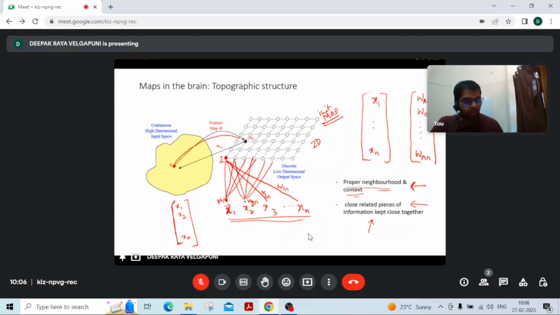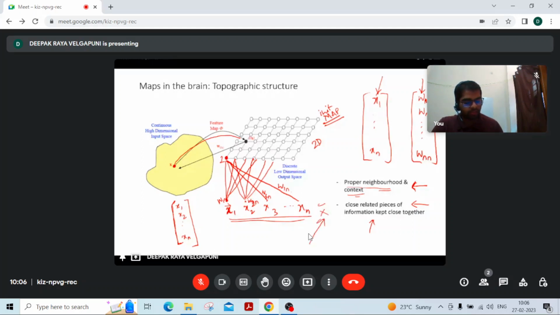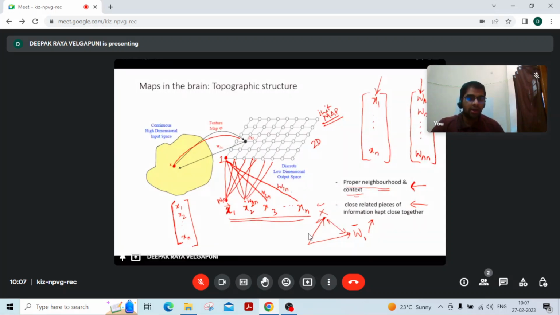This map is formed in such a way that the distance between the input vector x bar and the weight vector corresponding to a particular node, here node 1, is reduced, so that way it optimizes the map.